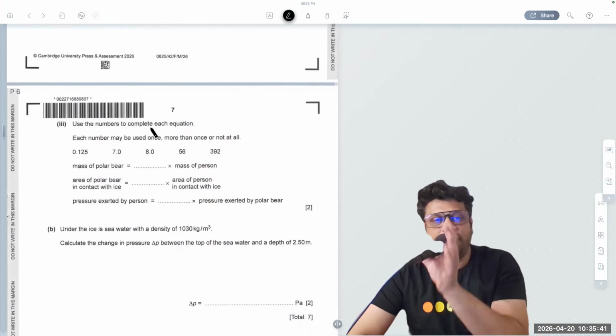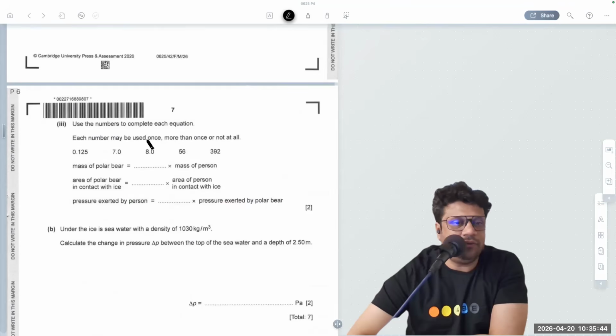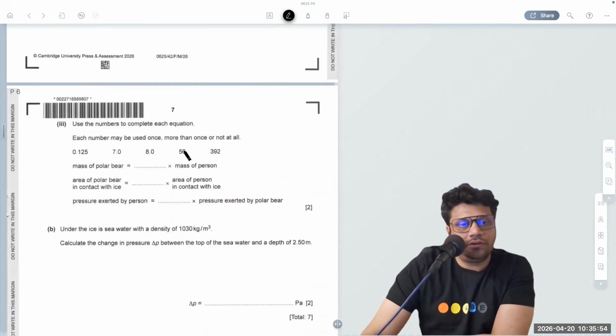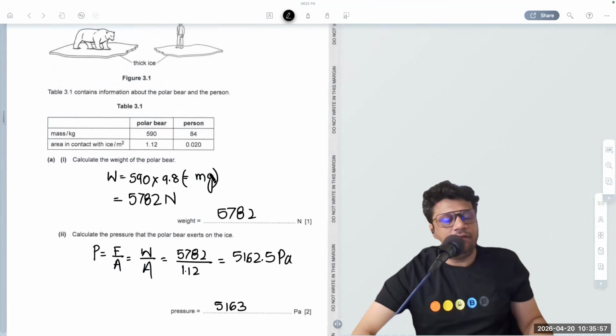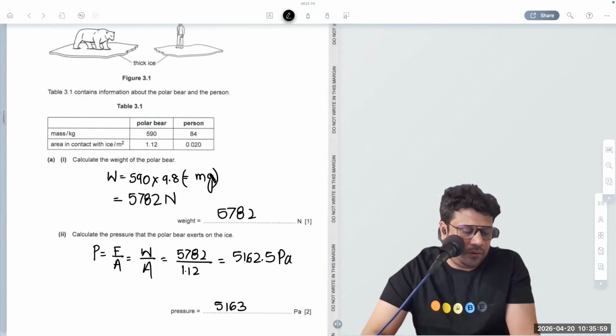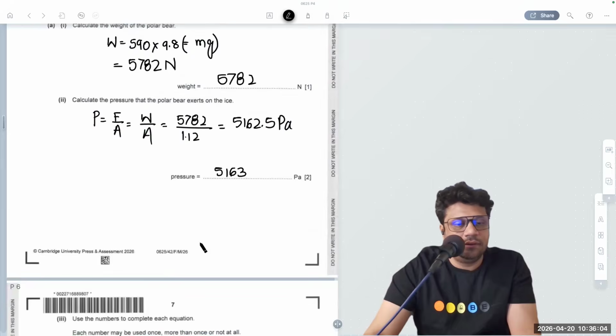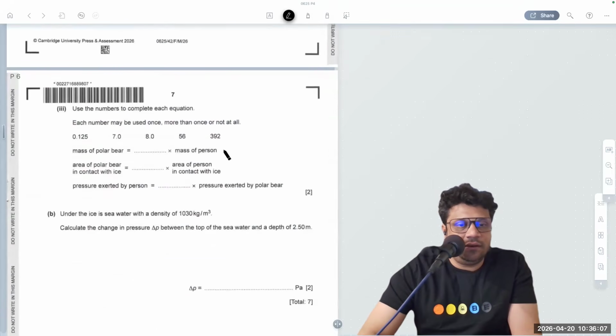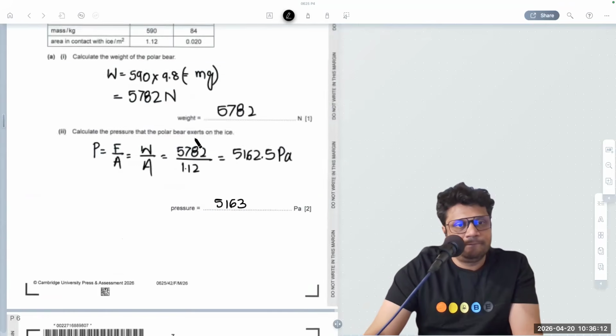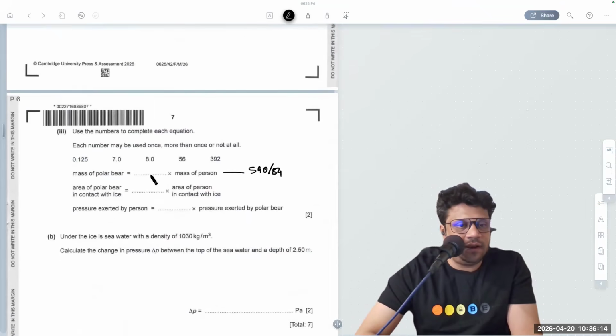Use the numbers to complete each equation. Each number may be used once, more than once, or not at all. Mass of the polar bear equals blank times mass of person. So we're going to divide these two: 590 divided by 84 comes out to be around 7, so 7.02.